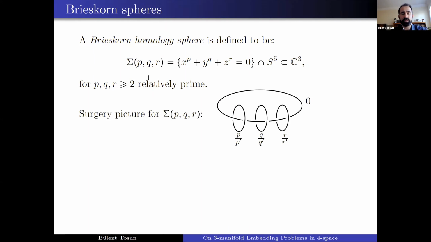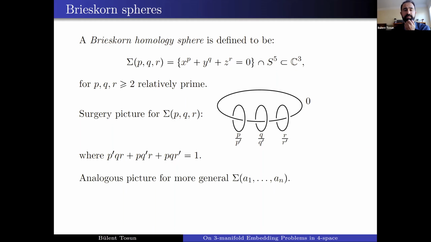And these spheres have an S1 action on them, which yields this Seifert picture for them. Here p, q, r are as given and p', q', r' are some integers, which could be arbitrary as long as they satisfy this condition. And you can generalize this. The picture you see is actually a picture of a Seifert fibered space with 3 singular fibers. But you can generalize that.